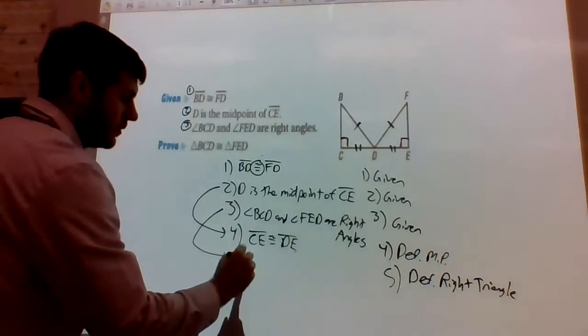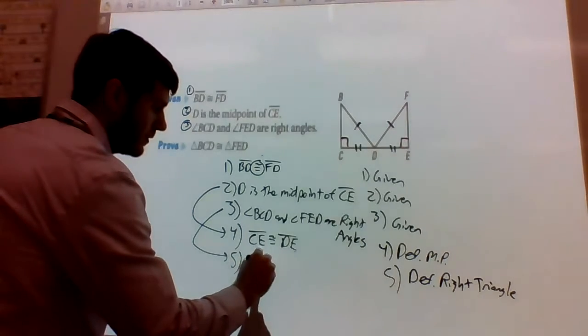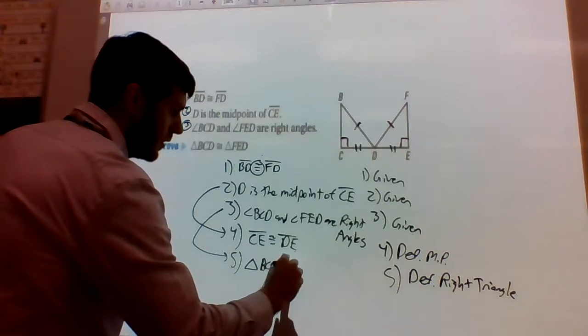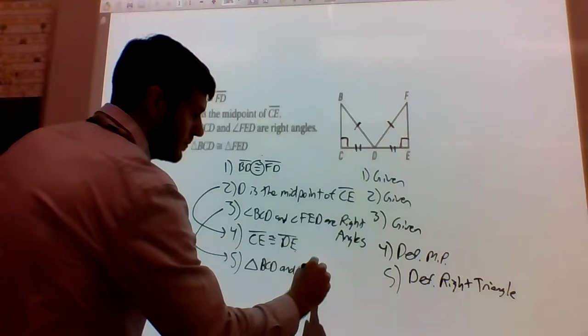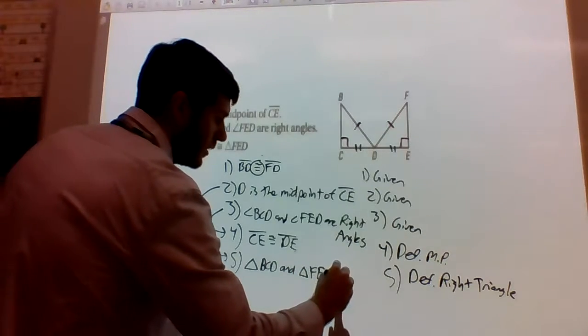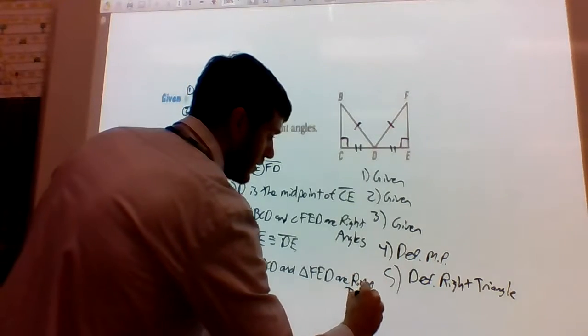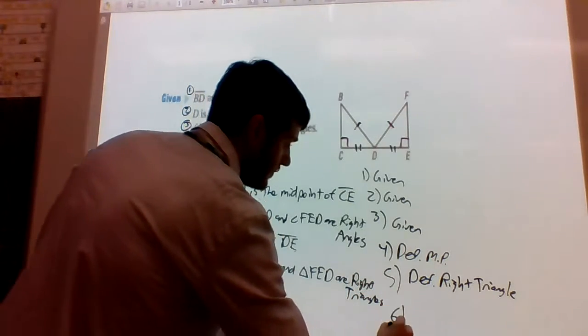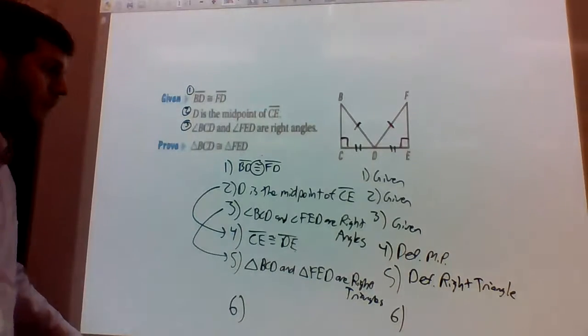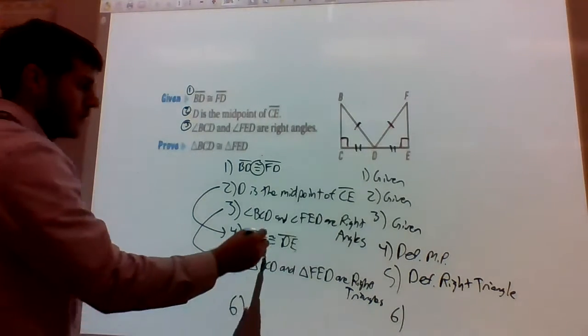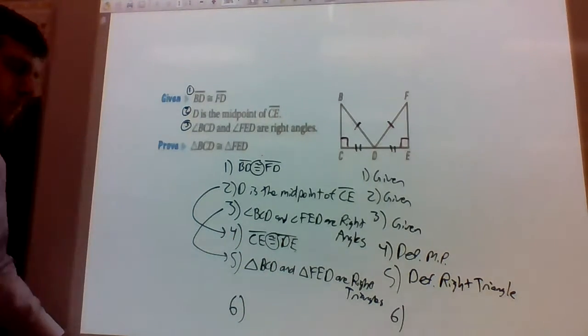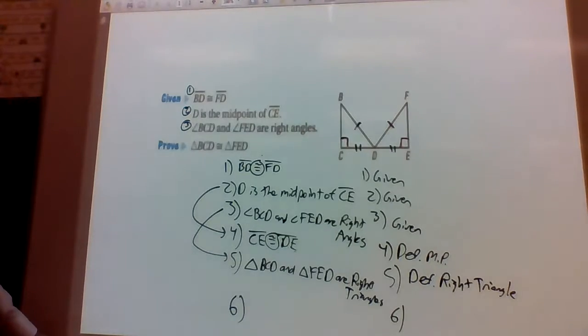So if we have a right angle, we have a right triangle. So triangle BCD and triangle FED are right triangles. We know they're right triangles because they have right angles.